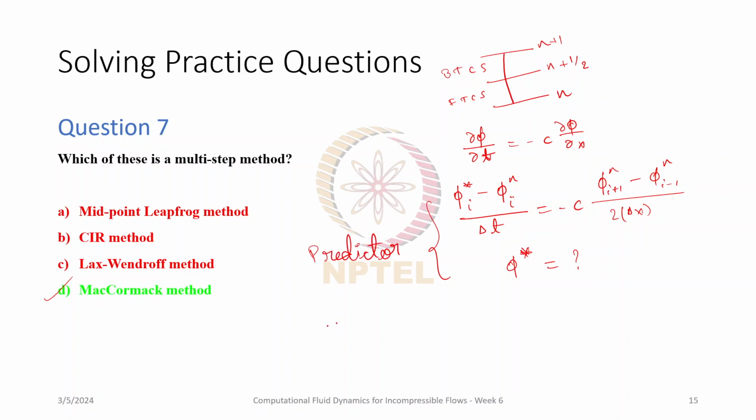Then there is a corrector step next, which corrects this value of phi star. So there we take phi n plus 1 minus phi star by delta t, and this should be equal to, and here we use the BTCS scheme.